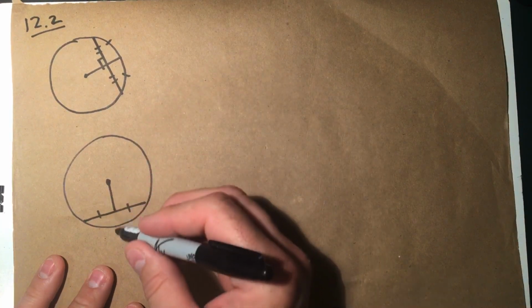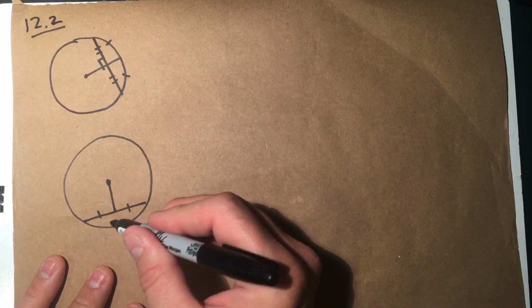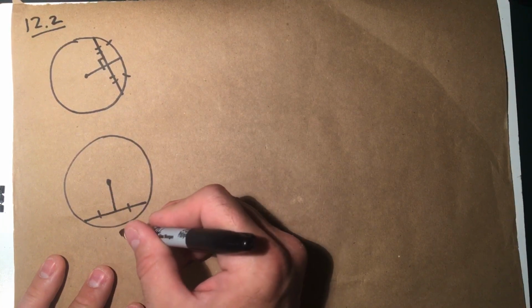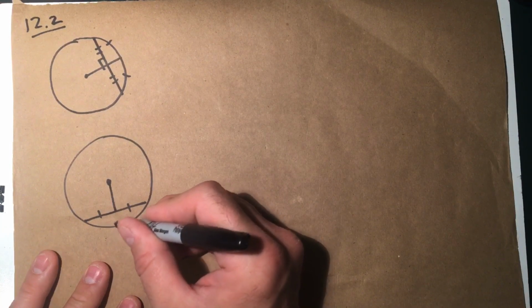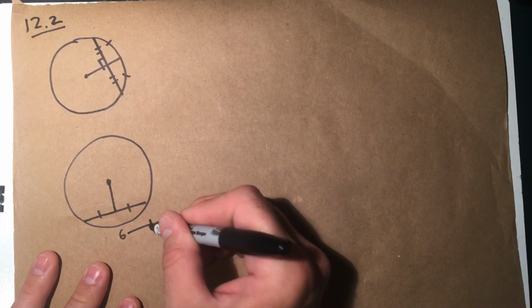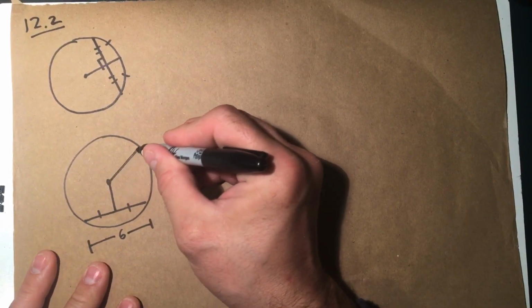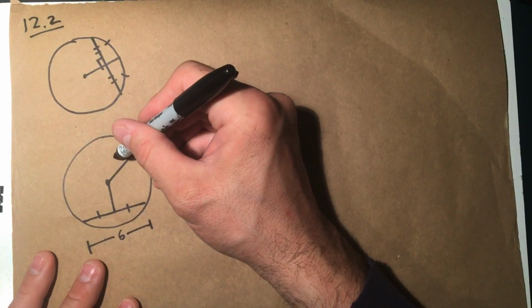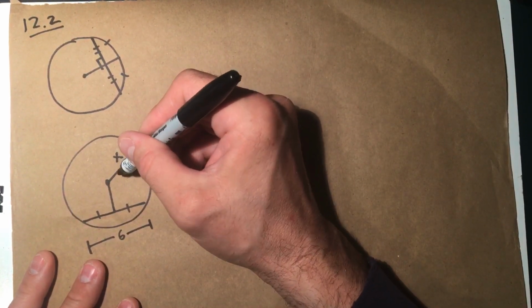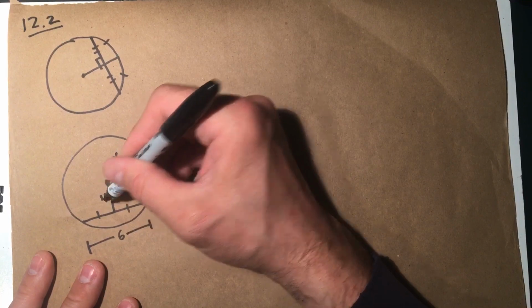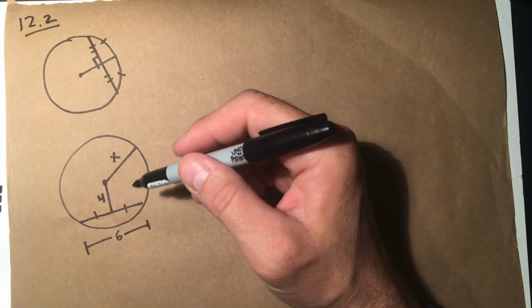Then they say this distance here is 6, and they put something way over here like x, and this segment right here is 4, and you're like, how in the world am I supposed to figure out what x is?